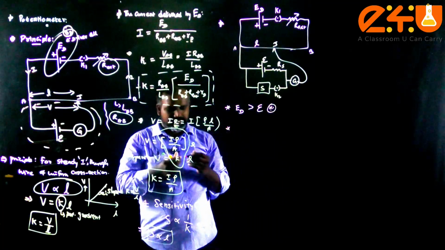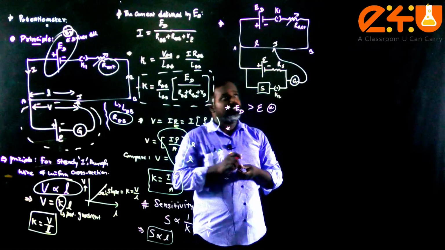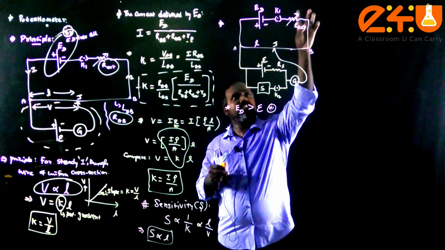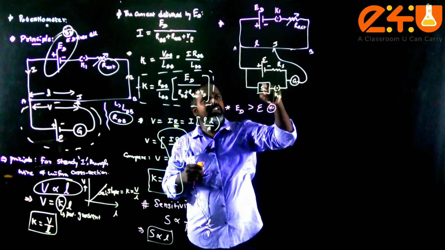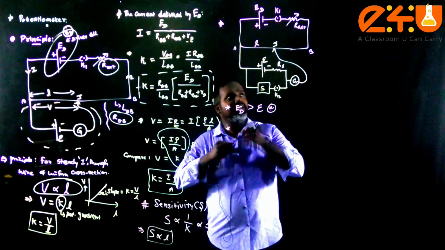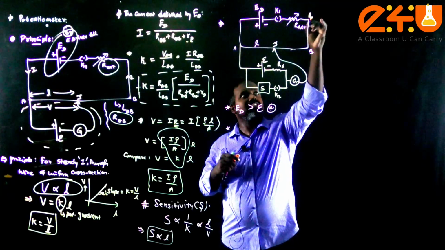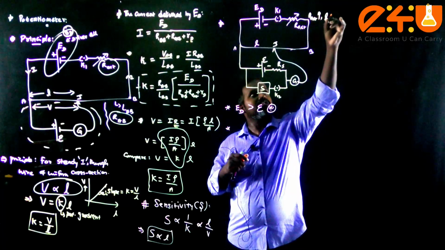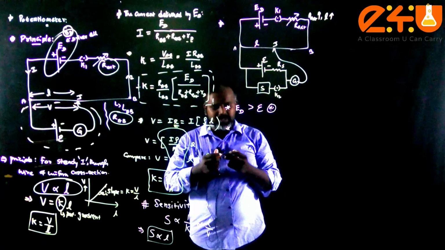And another thing is, they may ask in the question, what effect will there be on the balancing length if there is a change in external resistance? Now please see that when this R external increases, the balancing length also gets increased. Why is this?